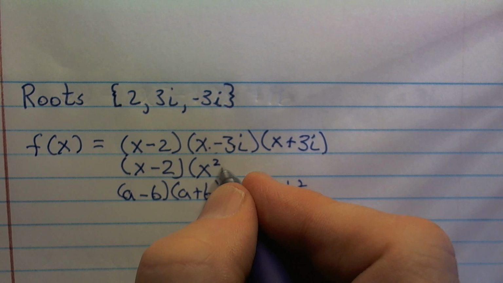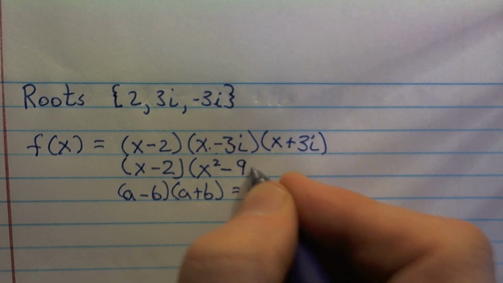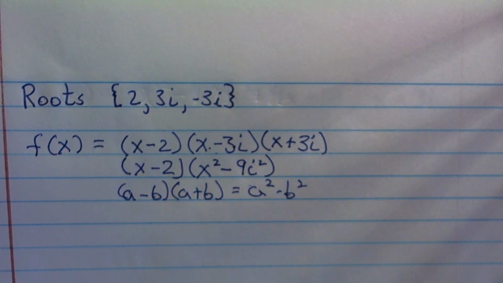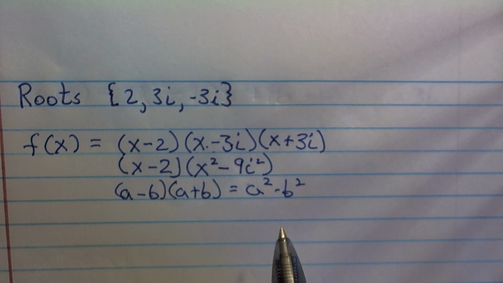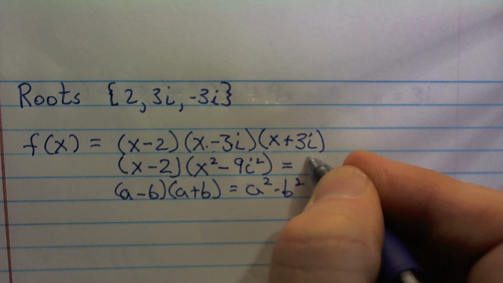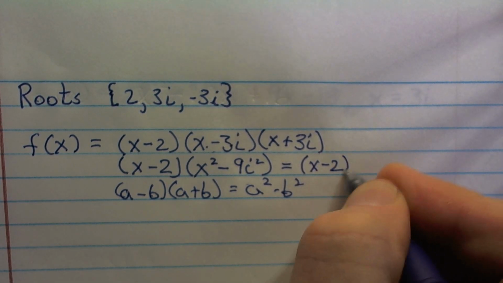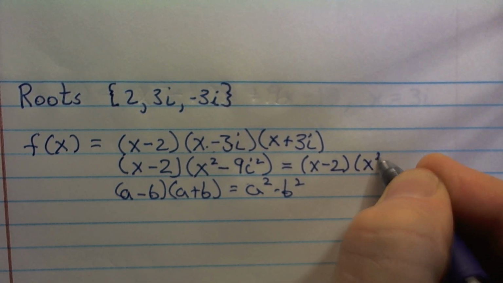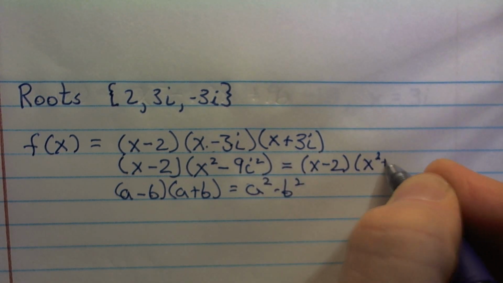Well, it's going to work that way here. We've got x squared minus 9i squared. Now let's see what this is going to be. This is going to be x minus 2 times x squared plus 9.